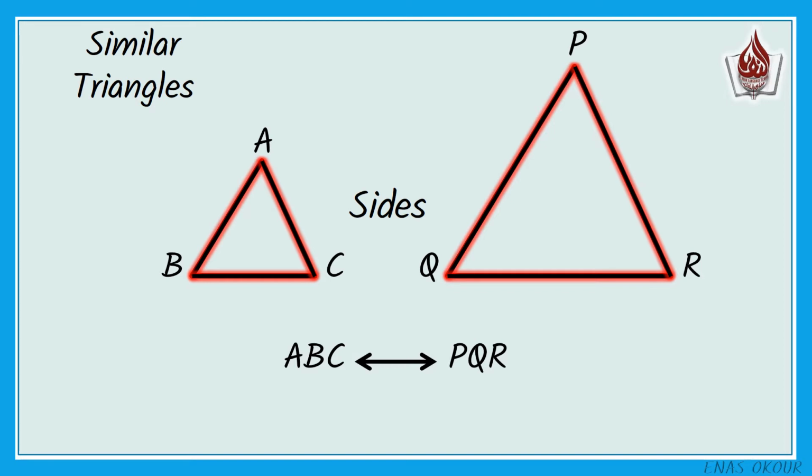In these two triangles, based on the correspondence, side AB corresponds to side PQ. Similarly, side BC corresponds to side QR, and side CA corresponds to side RP.